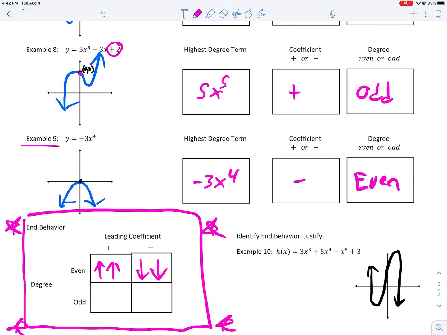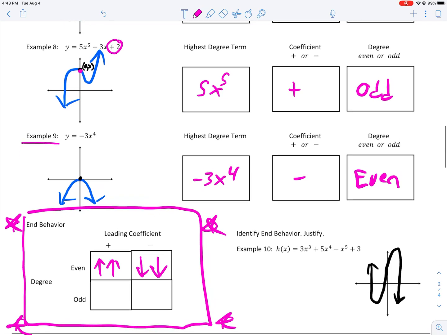So even and odd, they're not technically opposites, but if you were thinking about it, you could probably argue, okay, even number, odd number, those are kind of like opposites. So if evens start and end in the same direction, odds are going to do the opposite of that, which would be start and end in opposite directions. So let's look at an odd positive. Look at example 8.